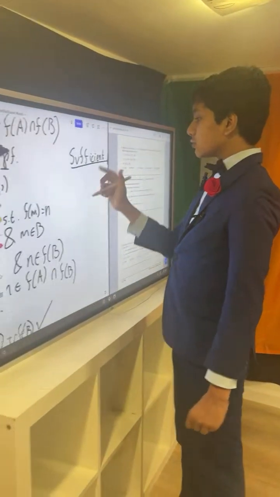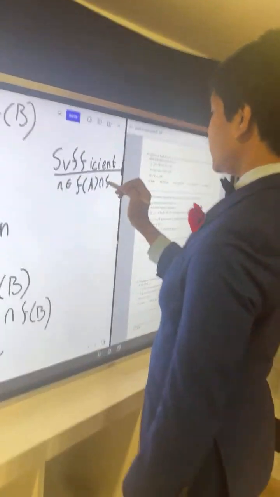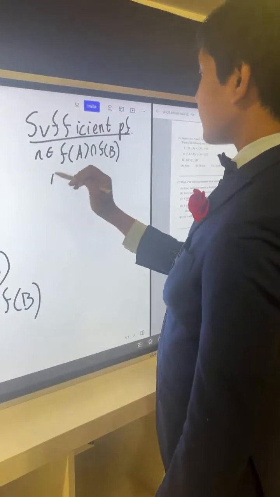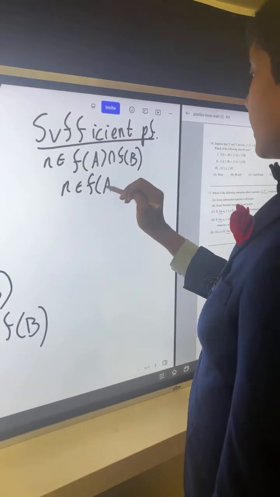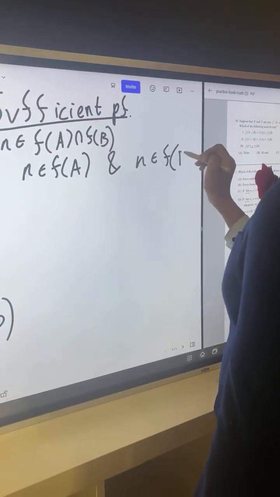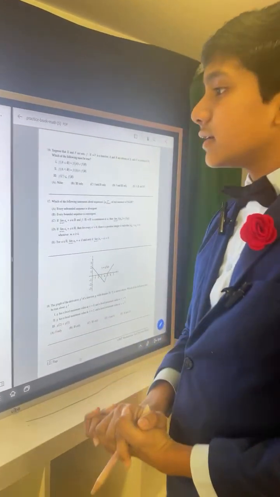All right, so then assume n is in f of a intersect f of b. Then we know that n is in f of a and n is in f of b. But what does that exactly mean?